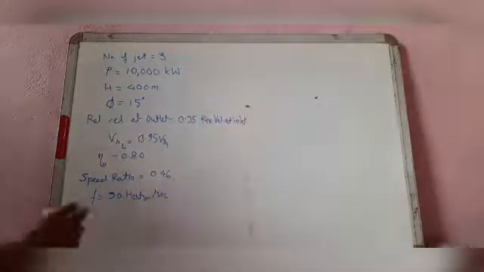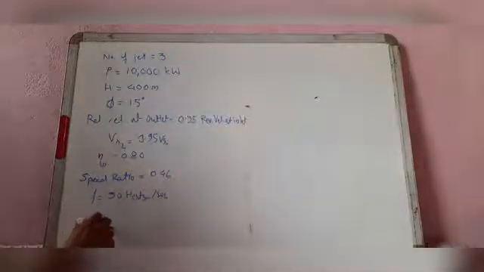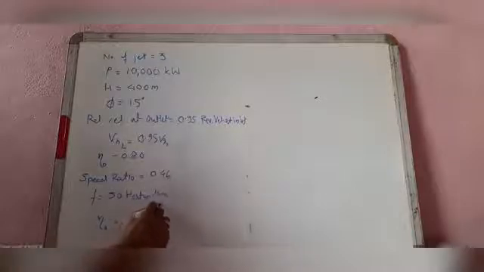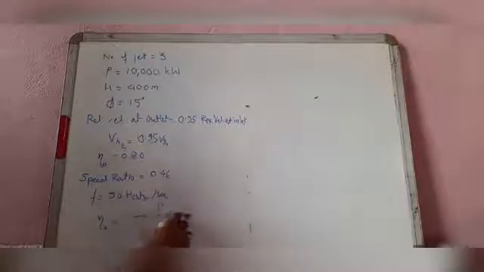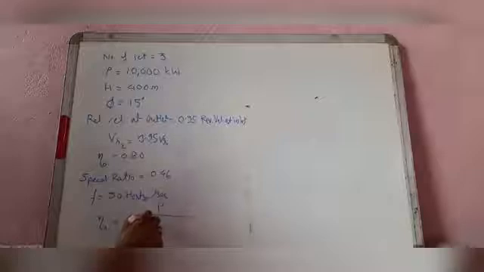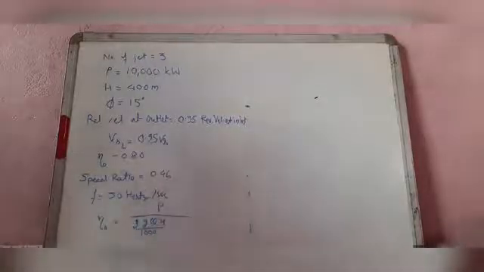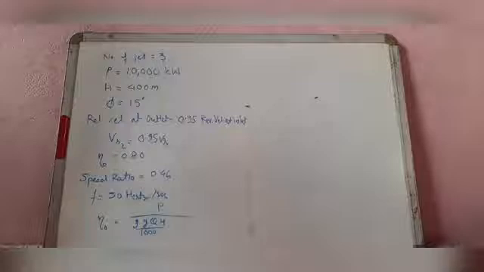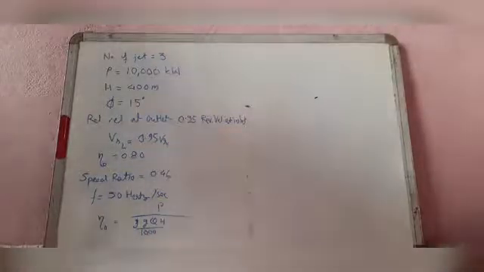Now using the equation eta overall equal to P by rho g Q H by 1000, that is power in kilowatt. Here Q is total discharge from the 3 nozzles and rho is 1000 kg per meter cube.